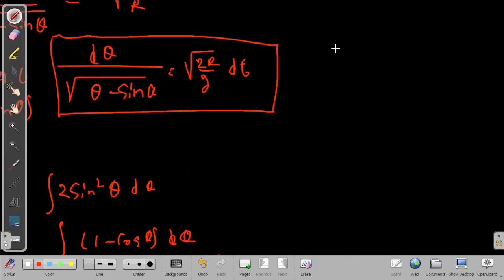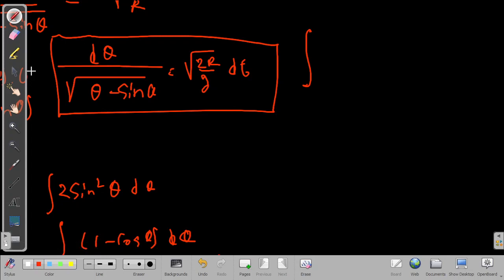Now let us put the limits. You have to be cautious about one thing: if you put 0 as the lower limit here, you will get an error, because it is not freely forming from an angle of 0 degrees.